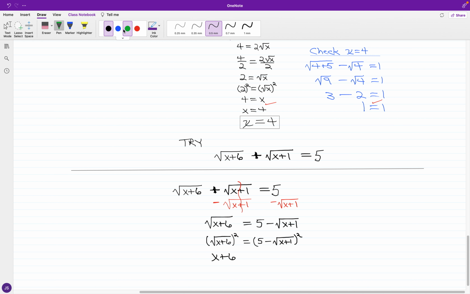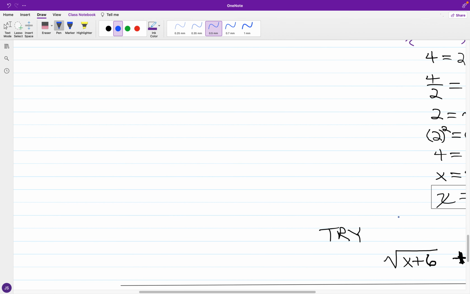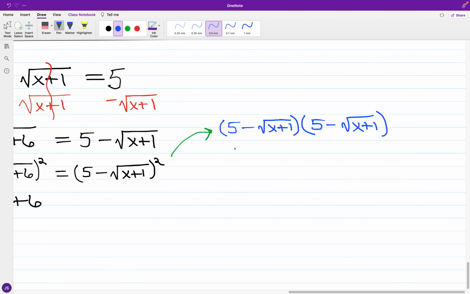Now, for what I have in the case of 5 minus the square root of x plus 1, quantity squared, this would translate to 5 minus the square root of x plus 1 times itself. And just looking at the breakdown in terms of the FOIL method. First product, we have 5 times 5, so this would be 25.